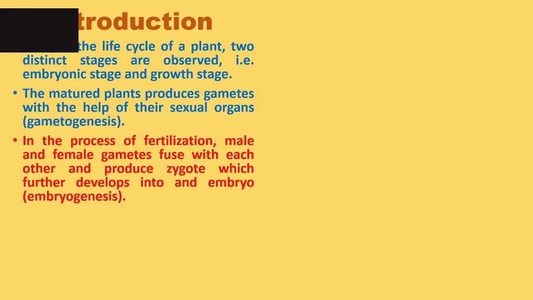So in the process of fertilization, male and female gametes fuse with each other and produce a zygote. After maturity, a flower will be produced, and in the flower different types of gametes are produced by the process of gametogenesis. After maturation of the gametes, both male and female gametes fuse with each other and produce a zygote.